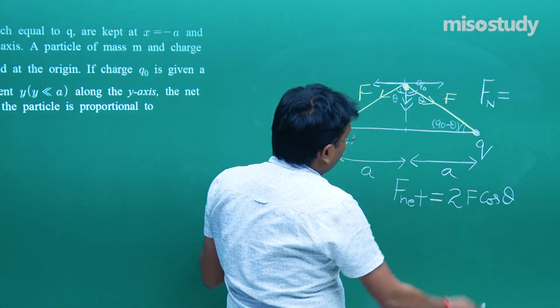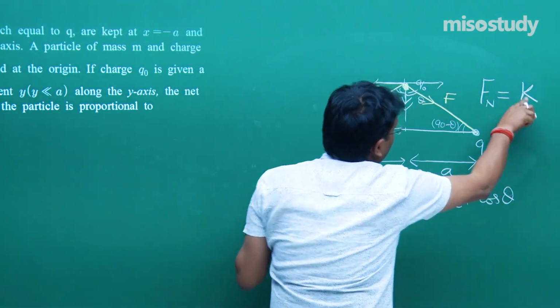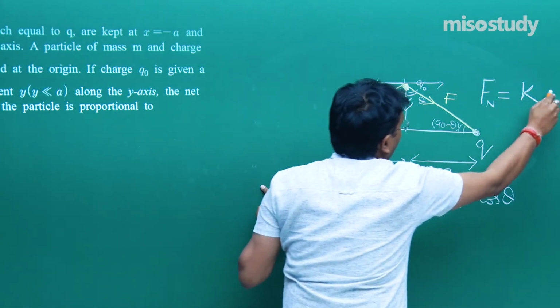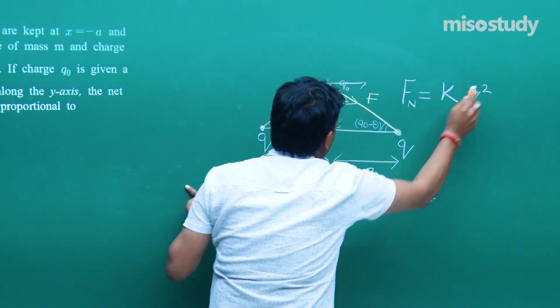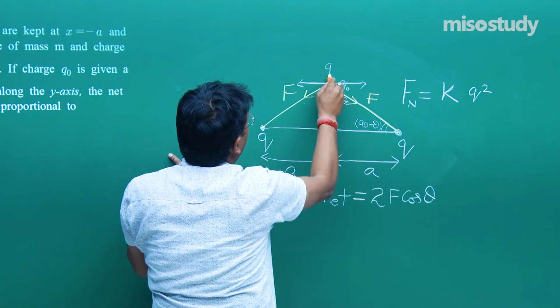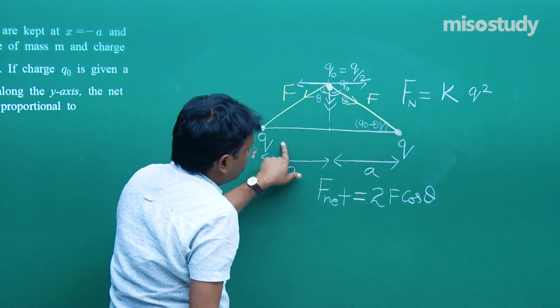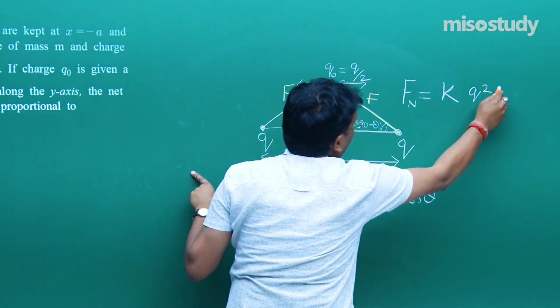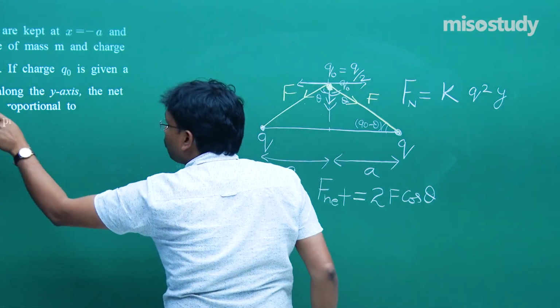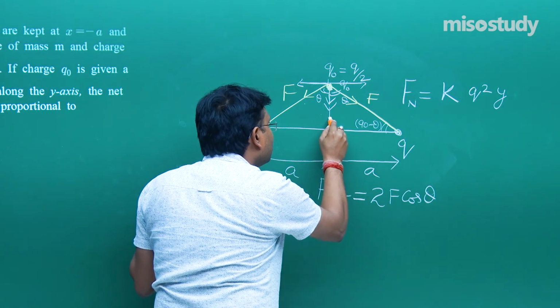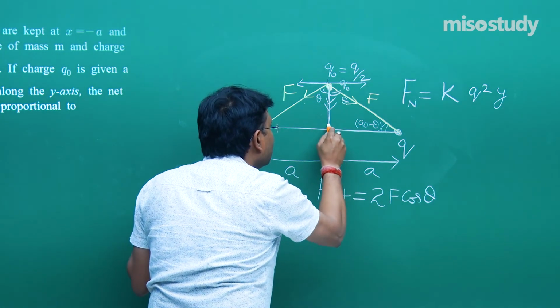So directly you will get it as K, K is 1 over 4 pi epsilon naught. Q square, because Q naught itself is equal to Q by 2, given in the problem. Then this Q value. So from here Y. Y is also given in the problem. This displacement is Y.